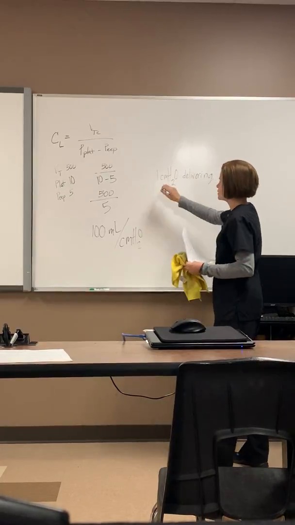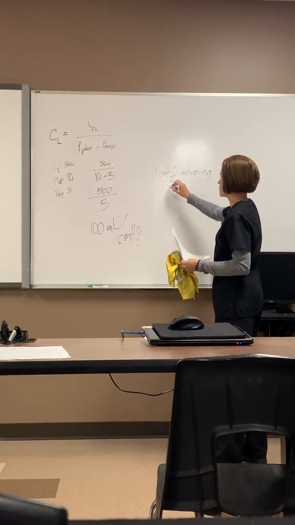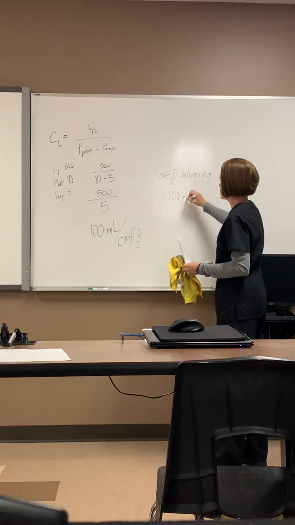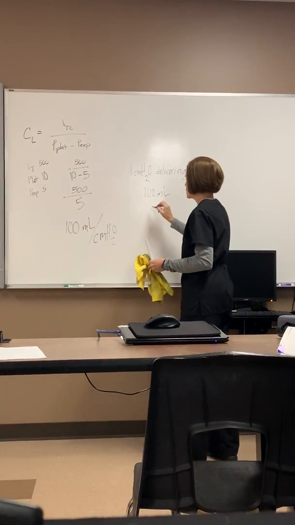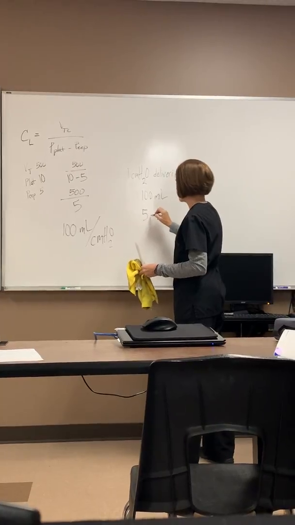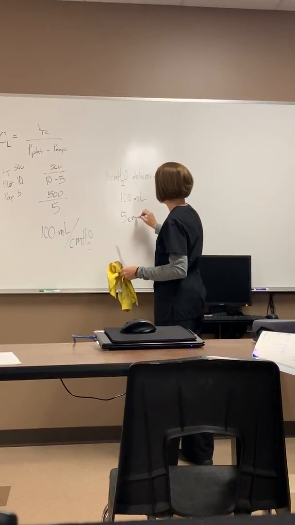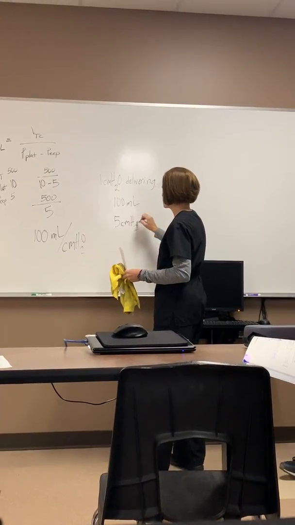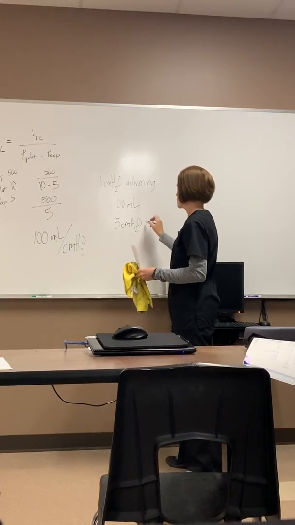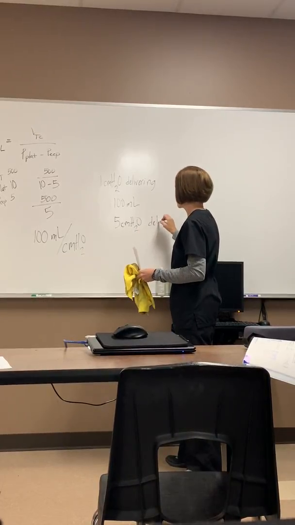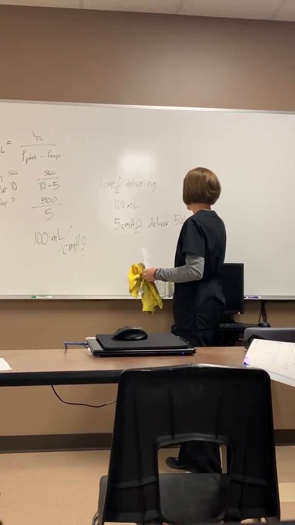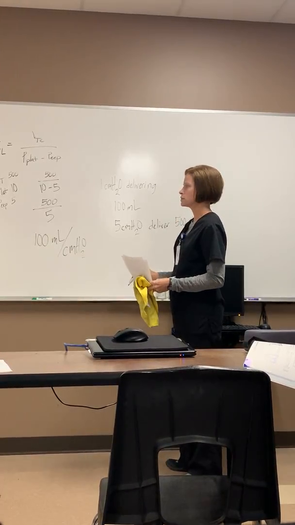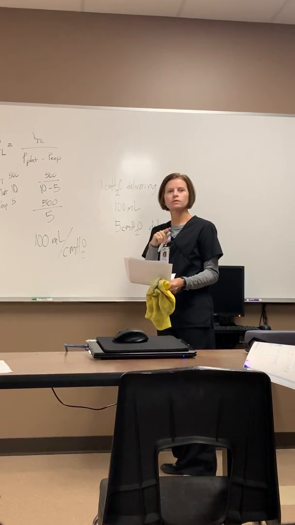So for every 1 centimeter of water pressure, I'm delivering 100 mLs of a breath. So for me to deliver this total tidal volume, it's going to take 5 centimeters of water pressure to deliver my 500 mL breath. Okay, yes?